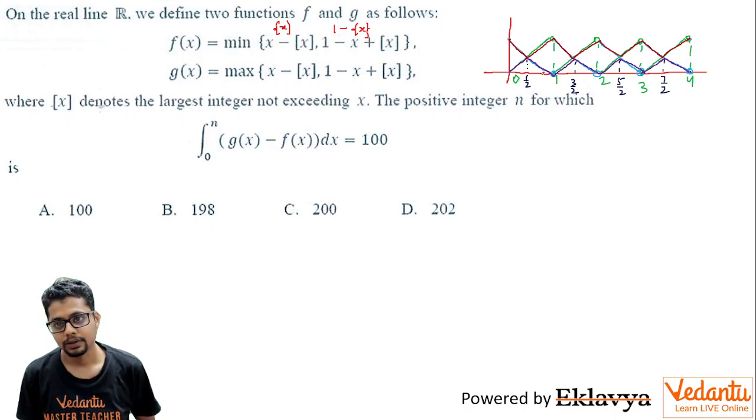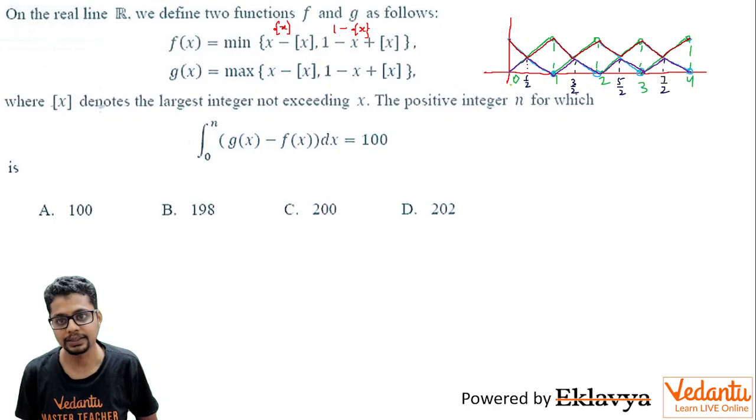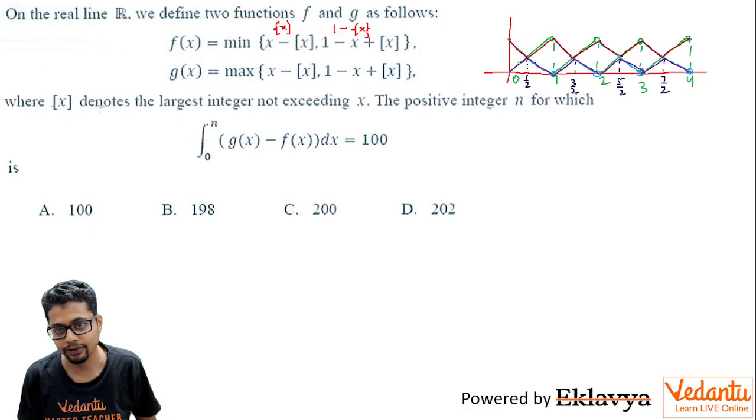Now the integral of g(x) minus f(x). You can clearly see here, if you see carefully, the integral of g(x) from 0 to 1/2 is this area, and the integral of f(x) from 0 to 1/2 is this area. So their difference is this.